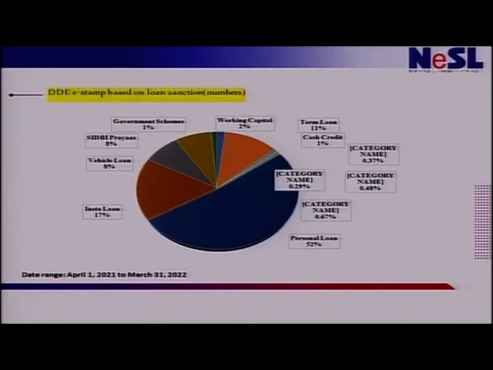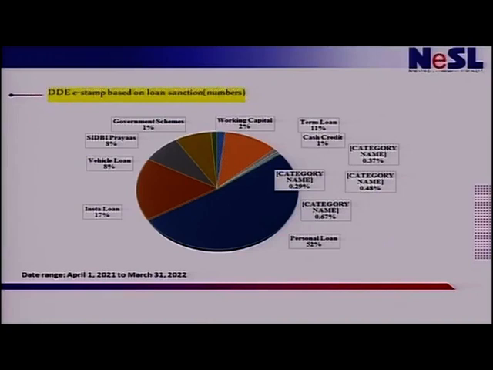Now, if you see the number of DD transactions which have been done, this is for the period from 1st April 2021 to 31st March 2022. This is a breakup of number of transactions by numbers. As can be rationally thought, personal loans constitute the maximum number, which is 52%.